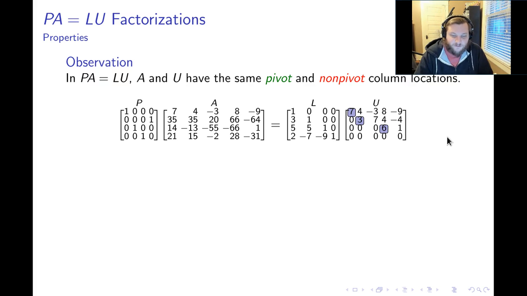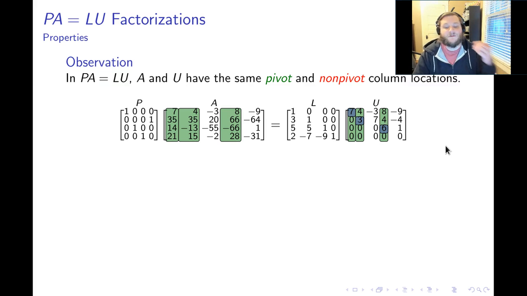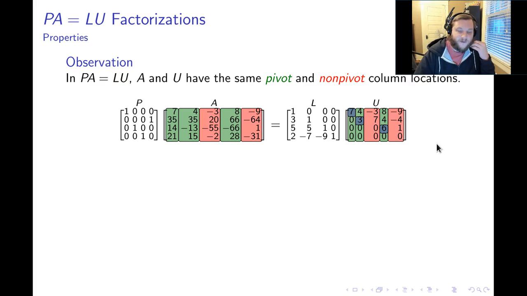This row echelon form matrix has 3 pivots, in columns 1, 2, and 4. So consequently, the pivot columns of A are columns 1, 2, and 4. What about non-pivot columns? The non-pivot columns of U here are columns 3 and 5. So the non-pivot columns of A are columns 3 and 5.